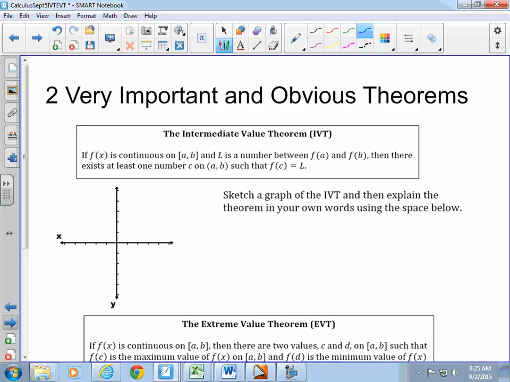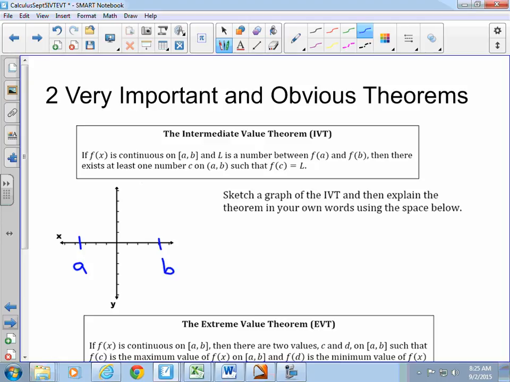It says if f of x is a continuous function on [a, b] in brackets. What does [a, b] in brackets mean? From a to b, including a and b, right? It's what's called a closed interval. So f of x is continuous on a closed interval a to b. So I have a back here, b over here.